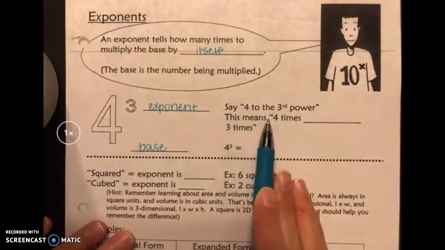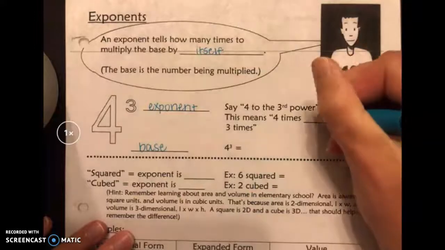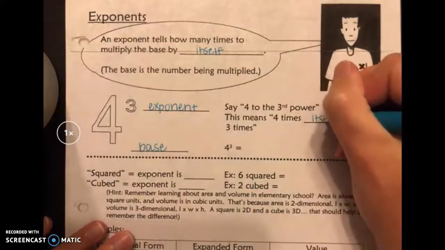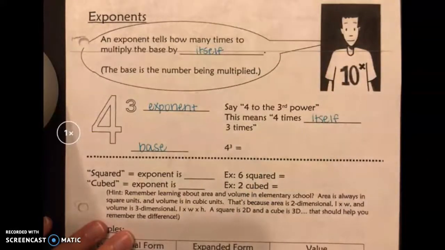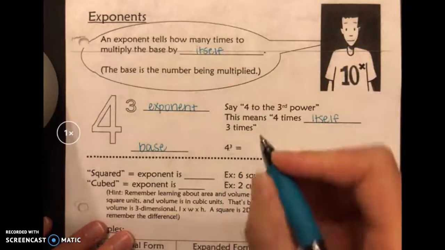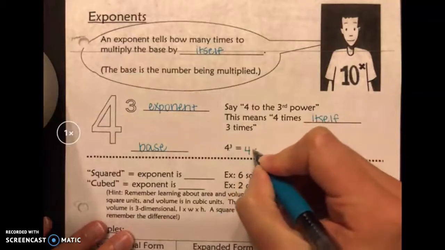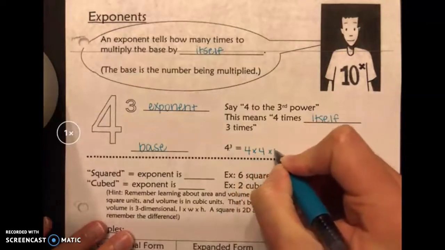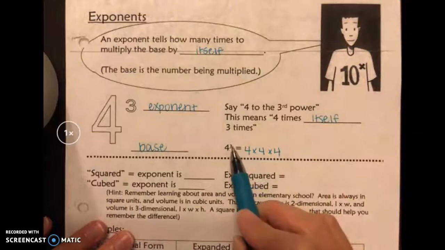And this means 4 times itself 3 times. So let's determine what that means. 4 to the third, let's solve this. That would be 4 times 4 times 4. Now notice we're multiplying this 3 times.